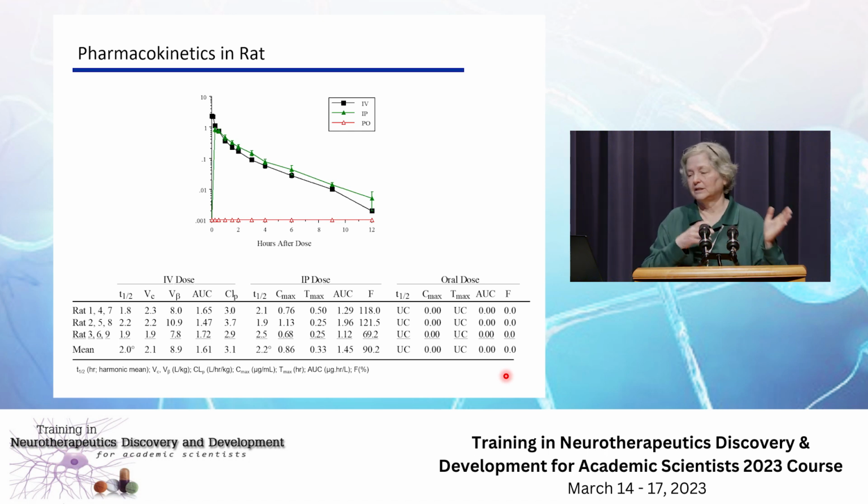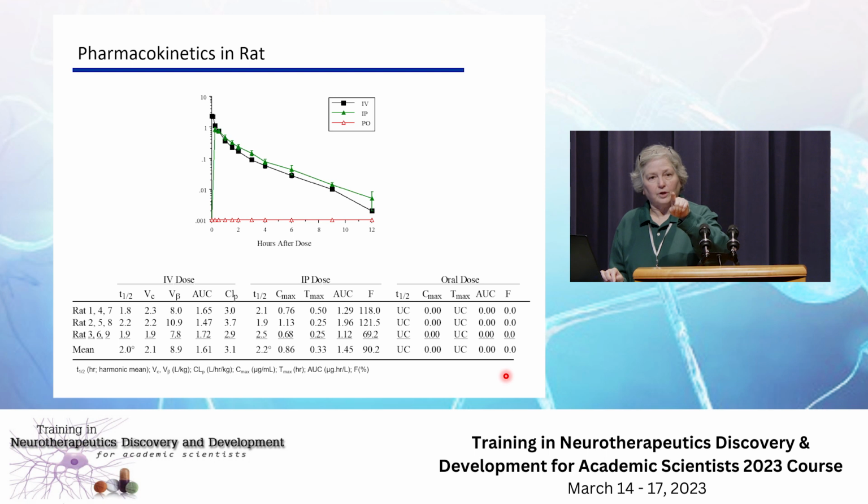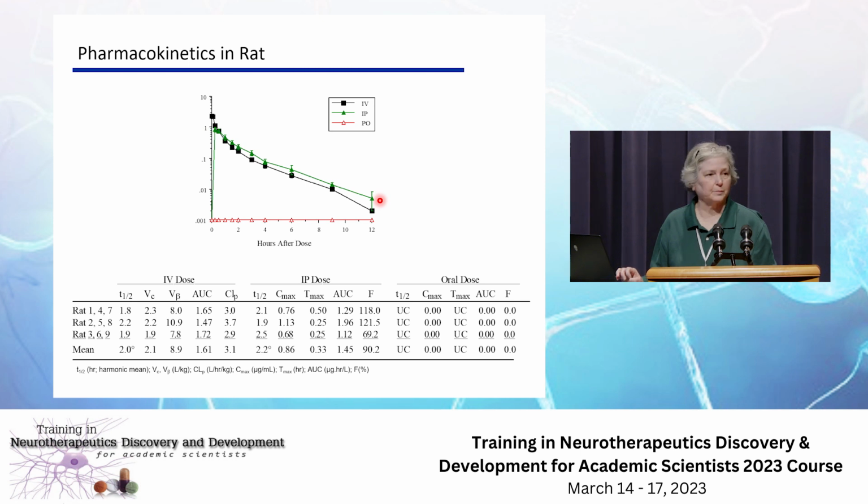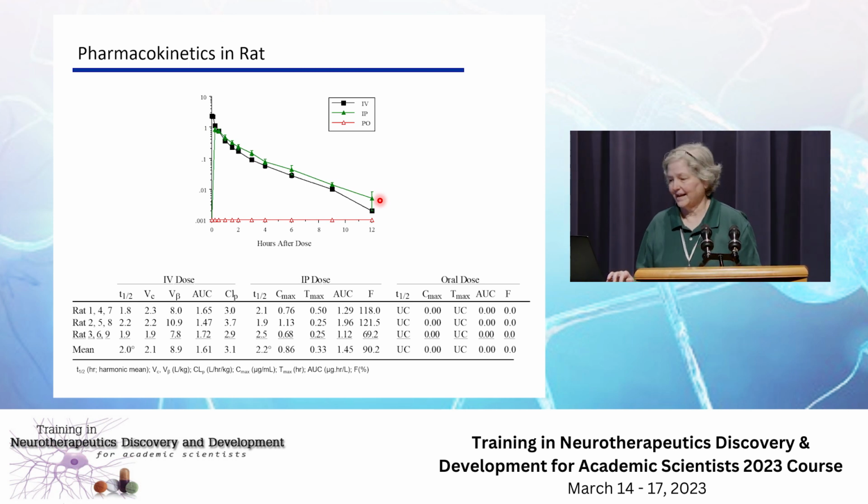Okay? And so, coming back to why isn't it first pass metabolism? The IP dose also is cleared through the portal vein. And so, because its concentration is very similar to IV, it's probably not first pass metabolism. But it might be permeability, might be solubility.